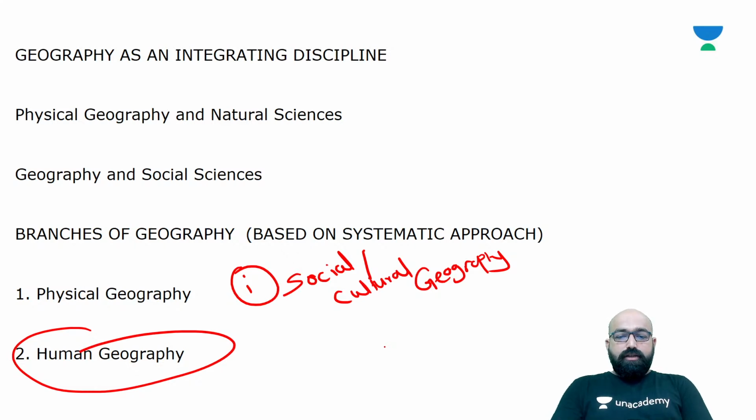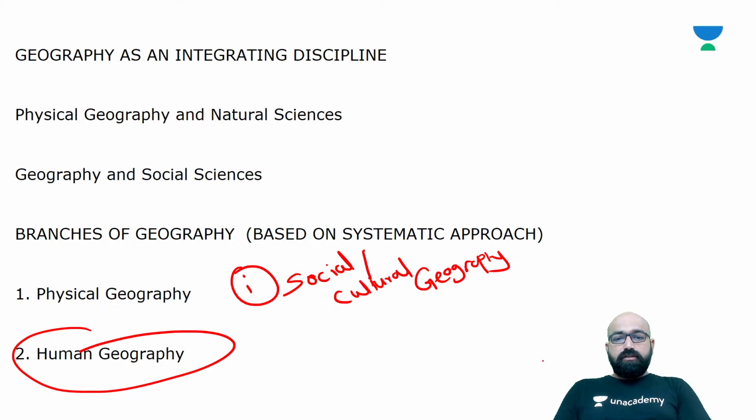Social cultural geography, which encompasses the study of society and its spatial dynamics, as well as the cultural elements contributed by the society.